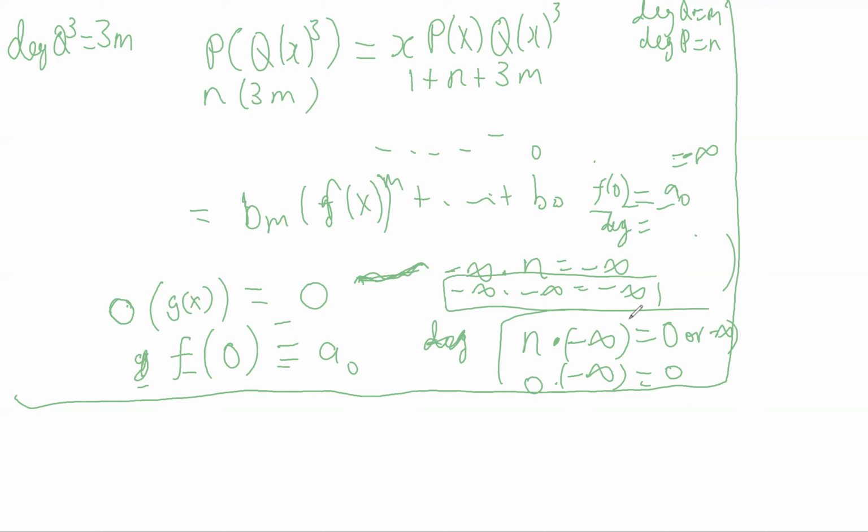So then you might want to use that as an argument for saying that the zero polynomial should be positive infinity degree. But then people might complain in other ways.